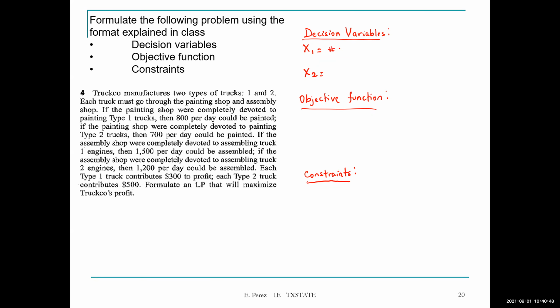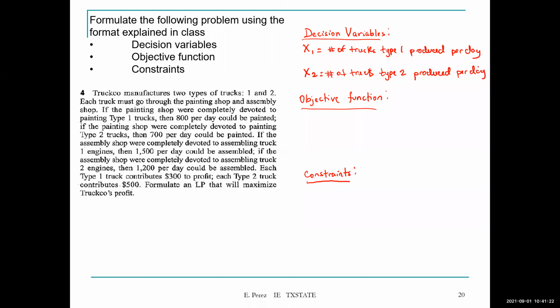So number of trucks type 1 produced per day. And then we have number of trucks type 2 produced per day.